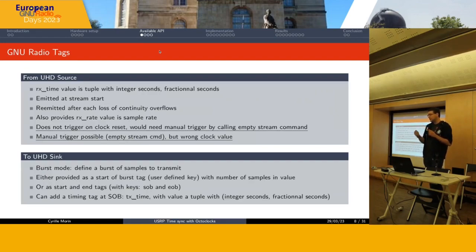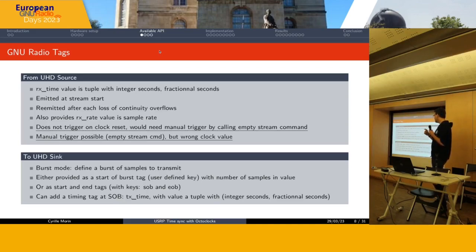The source block that you can use with the receiver outputs both an RX rate and an RX time tag. That gives you the sample rate that the USRP is actually set to, and for that specific sample, what the clock time was at the moment this sample was sampled.